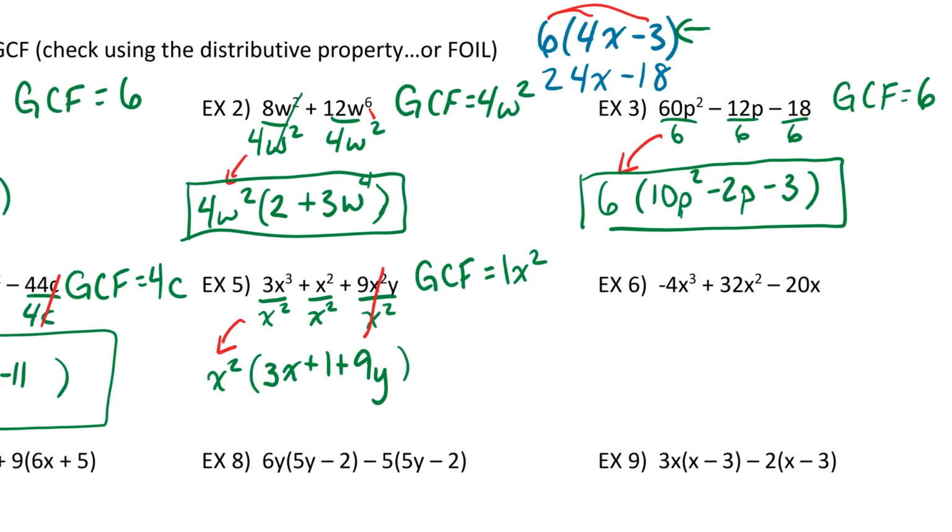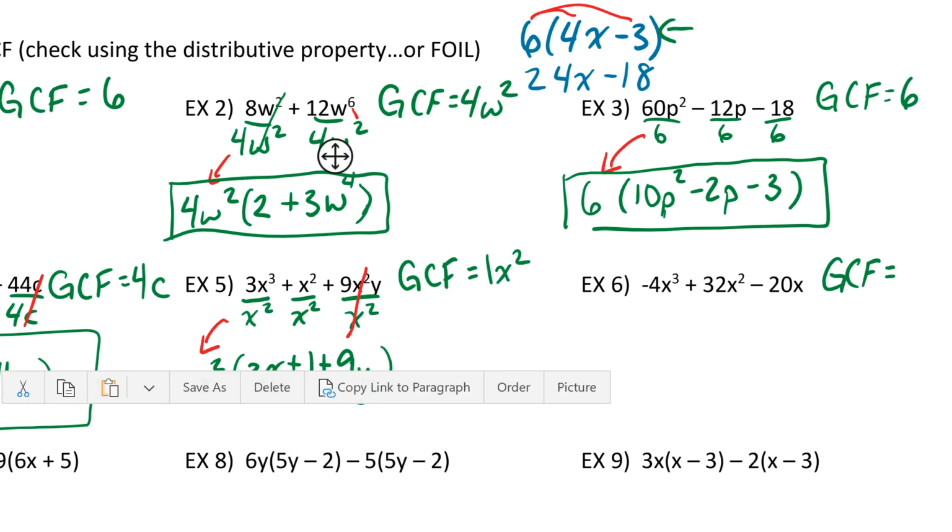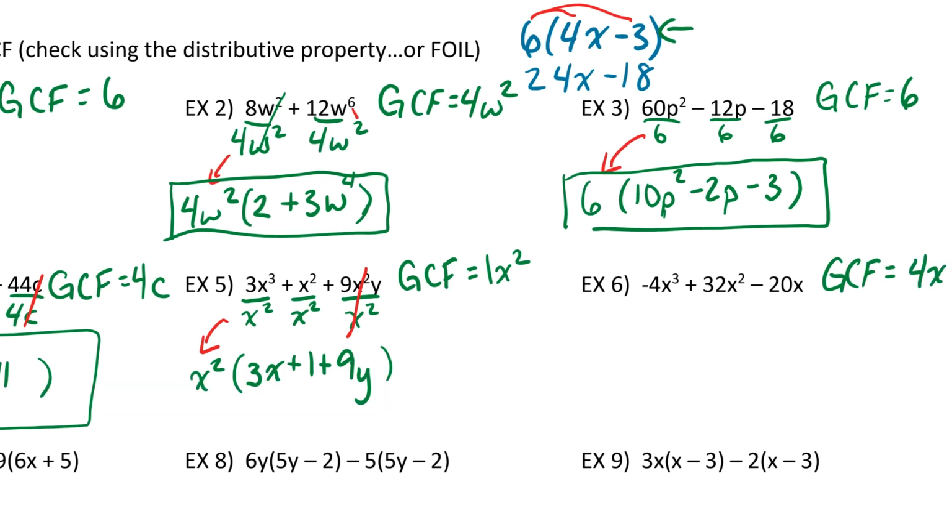All right, example 6, negative 4x cubed plus 32x squared minus 20x. So start off with the GCF. In this case, the GCF would be 4 and an x. However, there's something a little bit different about this one.